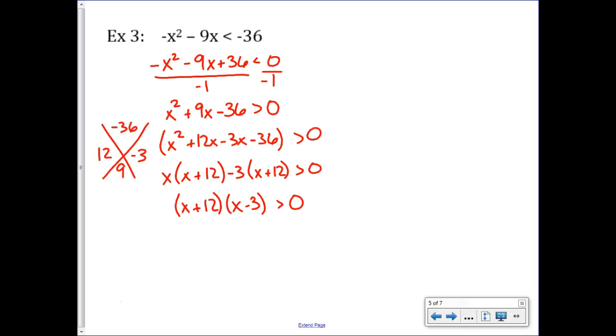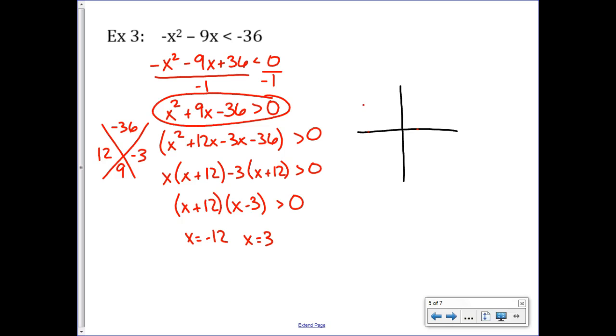So that means x is negative 12 and x is 3 is where our zeros are going to be on this graph. I'm going to have a 0 over here at negative 12, and a 0 over here at 3.